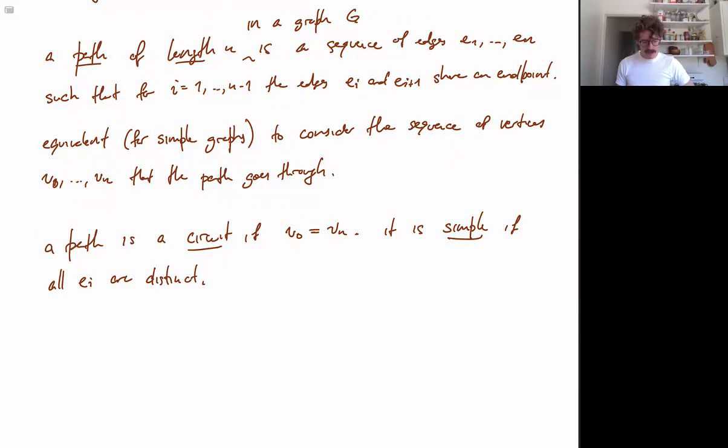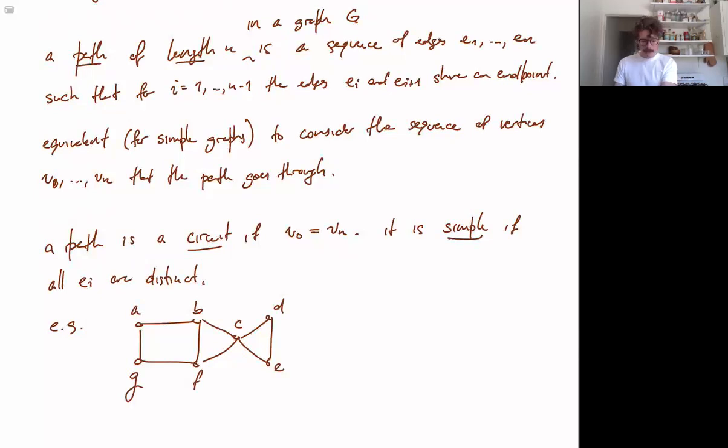So let's see some examples. So let's draw ourselves a nice little graph. And let's label the vertices. Let's just give them some names. So this is A, B, C, D, E, F, and G. And so let's take, for example, A, B, C, D. So we're labeling it as in this definition with the vertices.